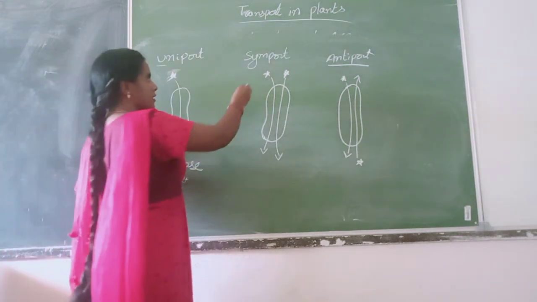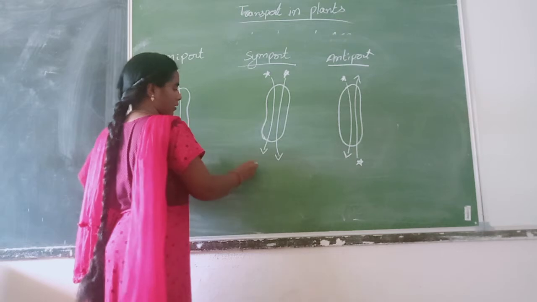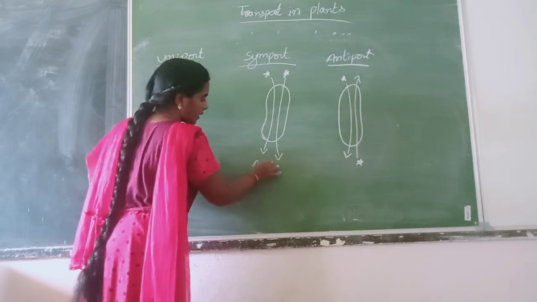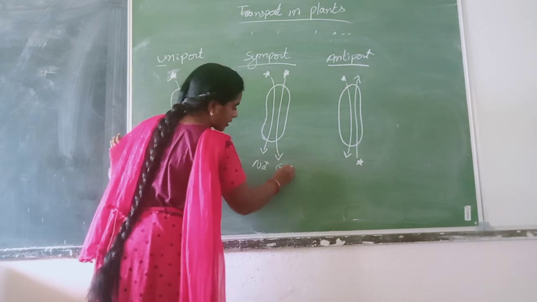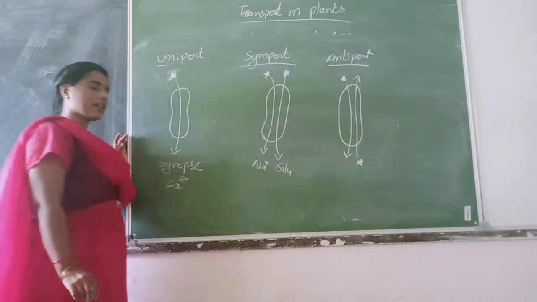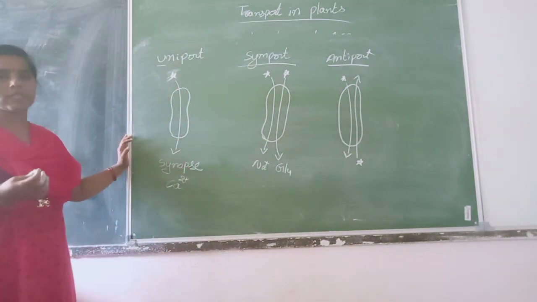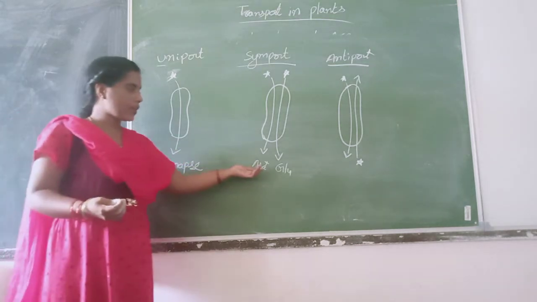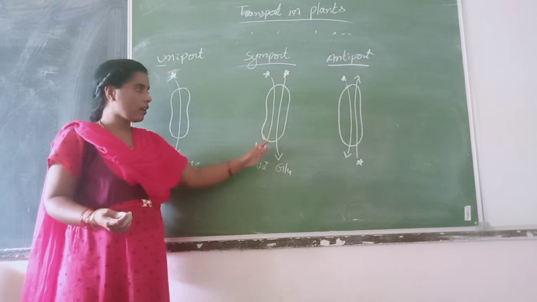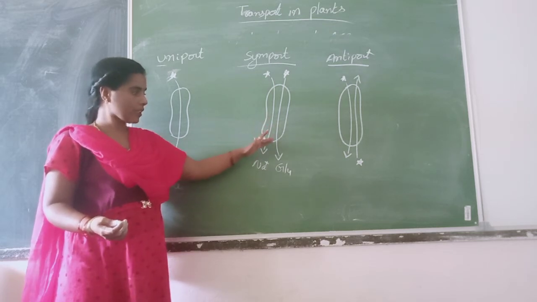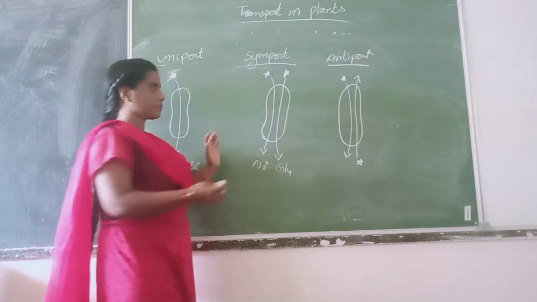And then what happens in case of symport transport? This takes place in our intestines, where glucose absorption takes place. Sodium ions and glucose molecules are both facilitated by the protein in the same direction.